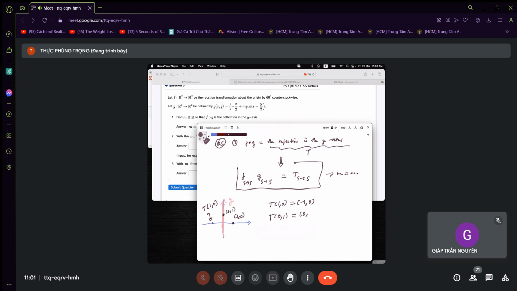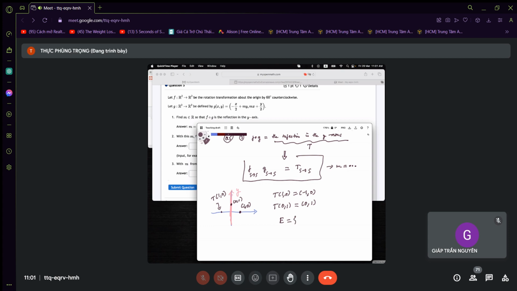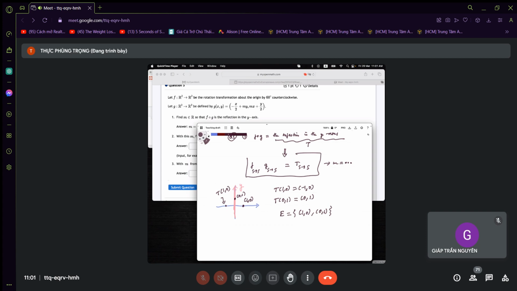And of course, you get the same 0, 1, because the reflection of 0, 1 with respect to the y-axis is still 0, 1, right? You do the same thing. You may say this is the basis E, but in fact, E is just the standard basis. You don't need to do anything. So T from S to S is just this matrix.